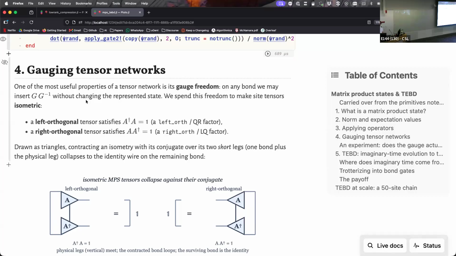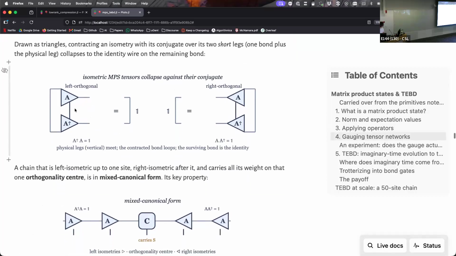And why is this relevant? If you look at the picture here, if I bring an MPS tensor into left canonical form, left orthogonal form, it means that when I contract it with the bra, and I start from the left, I just get an identity. And if I just zipper that through my entire MPS, every time I start from the left edge, which is an identity, I contract it with the left isometry, so I get an identity again.